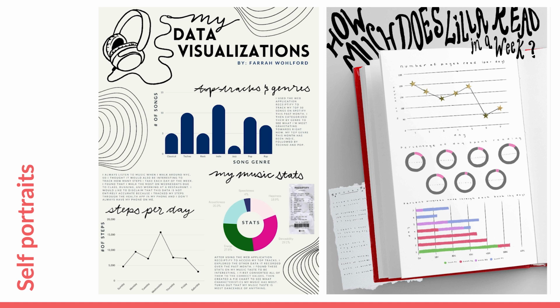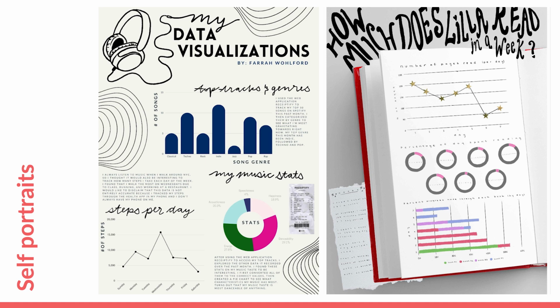And then finally, she was saying that she often listens to music while she's walking. And so she wanted to compare her steps per day with this music that she's been listening to. So these are her 3 visualizations. And I thought it was very creative the way that she put in her own handwriting and added these illustrations to bring all of this together since it's really personal data.